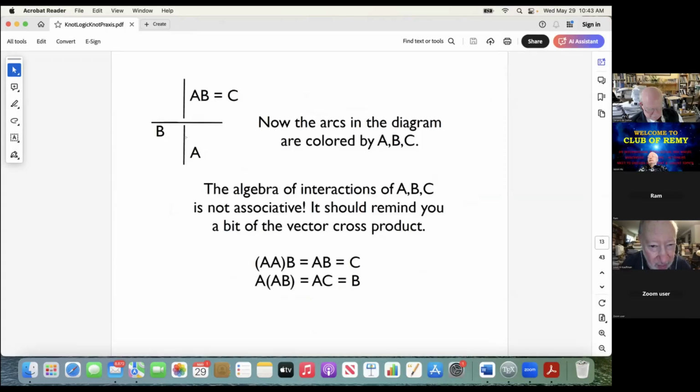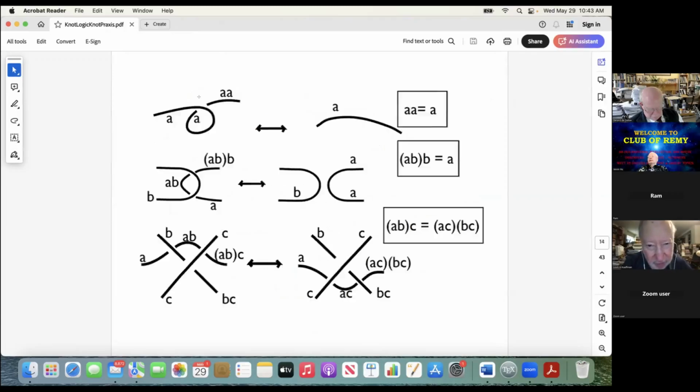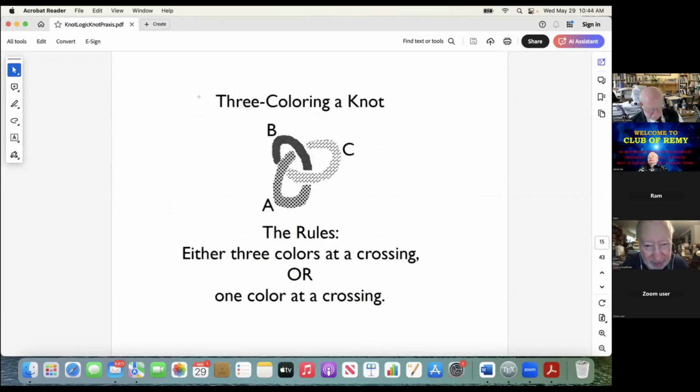So if an arc A meets an arc B, and there was a way to combine colors, like red combined with blue will give you purple, then I take the combination of the 2 colors on the other edge side. Now, it's better to just show this to you like this, I think.